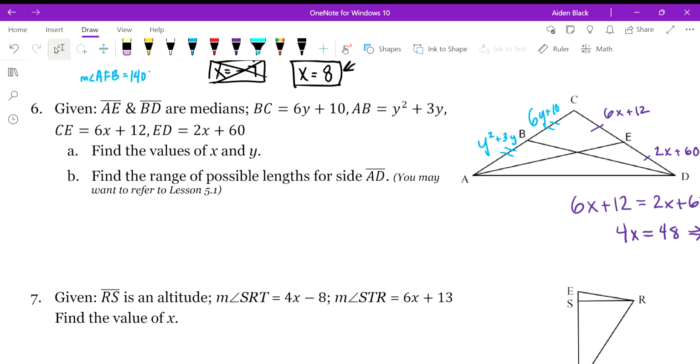Now we need to find the value of y. We know that BA is congruent to BC since DB was a median. So we can say y squared plus 3y equals 6y plus 10.